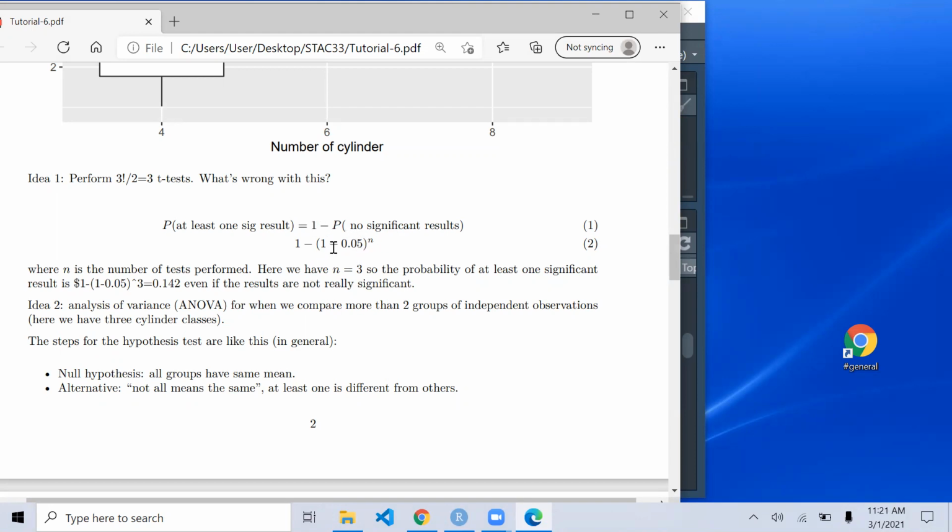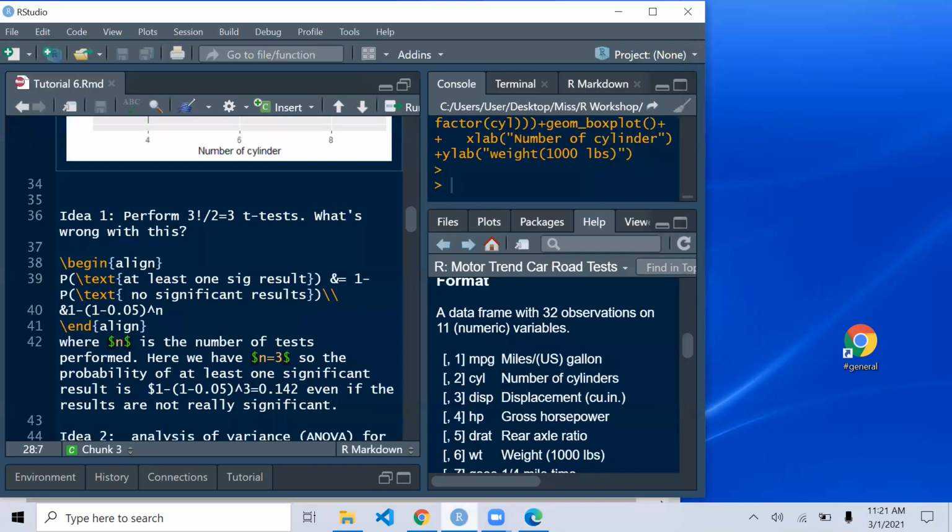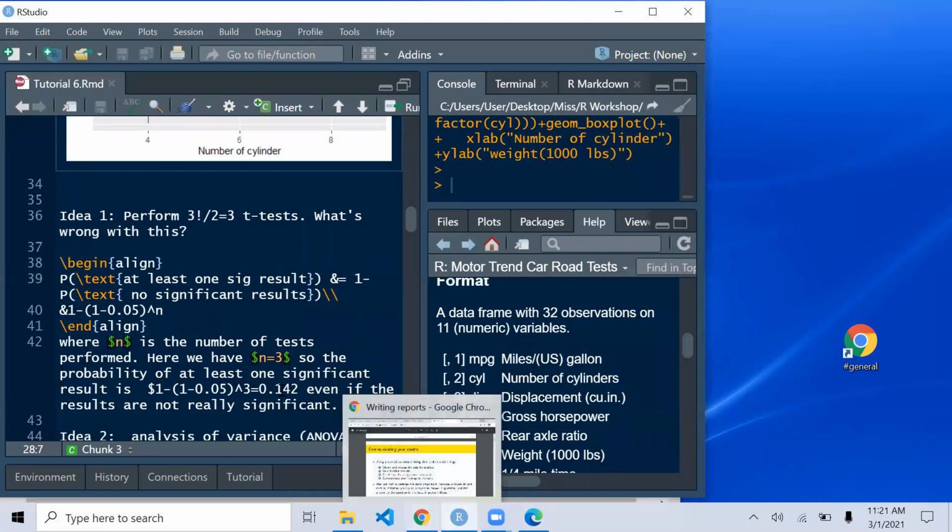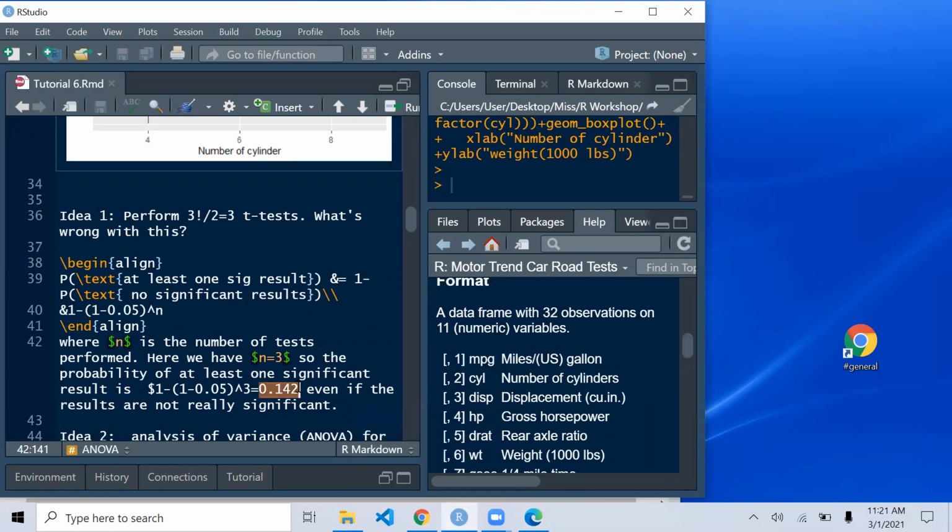So you're going to find at least one significant test, even if you truly don't have a significant finding. Even if your results are not significant, with probability 1, if you take N, the number of tests performed, to be very large, you will find an effect even when you should not have. This is because each test is independent, and when you perform a bunch of these independent tests, you will eventually find some kind of significance.